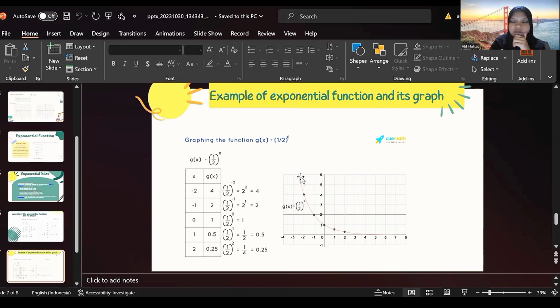It decreases from the top to the bottom, decreasing slowly, and then reaches the bottom of the line.